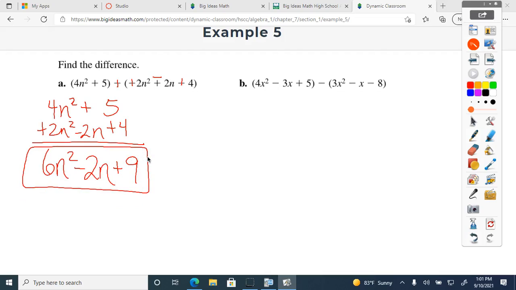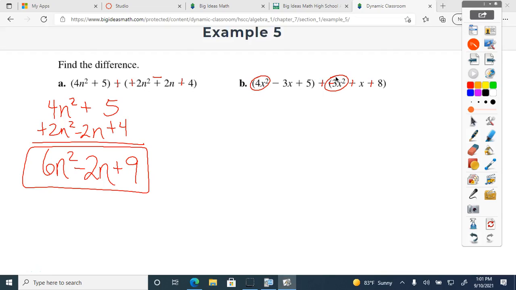Any questions? How to do that? All right. Part B, same thing. I'm going to change this to what? Plus. This becomes minus, plus, plus. So I did this one like where I stacked them on top of each other. This one I'm just going to add my like terms. So I have 4x squared minus 3x squared.